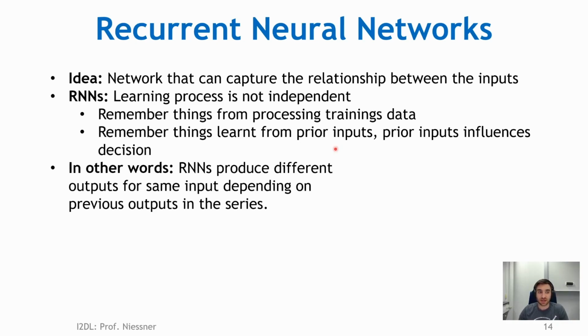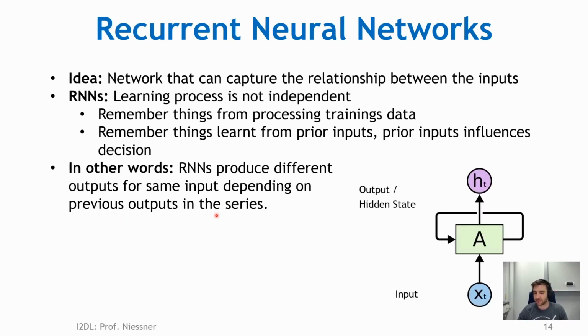So the main point for RNNs is that when we train them, we can remember elements or things from the previous training data or from the previous inputs. And also that previous inputs can influence the outputs of the current samples. So to rephrase it, in other words, the RNN produces different outputs for the same input, depending, however, on the previous outputs in the series.